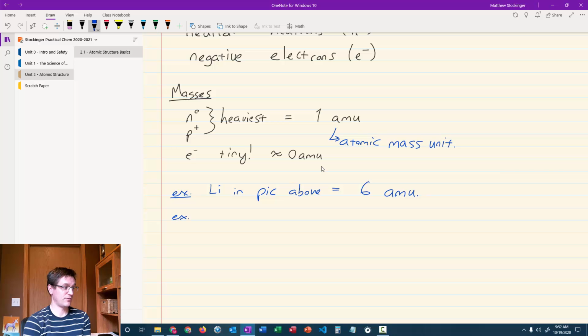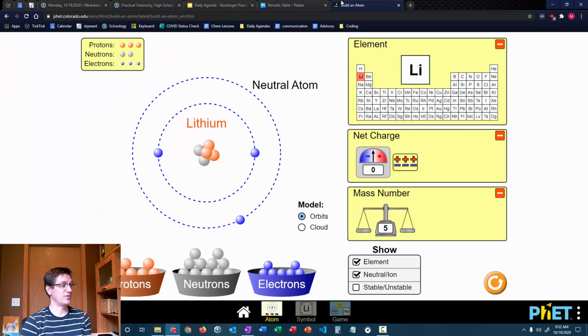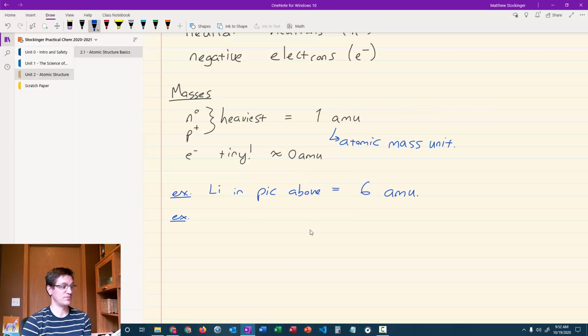Not every atom is the same. There could be a different atom of lithium, and you may have discovered this in our simulation, that you can add a neutron here and it's still lithium and it's still neutral. Perfectly okay to do that. It changes the mass. Notice the mass number now is 7, so the mass of this atom of lithium is 7 AMUs.